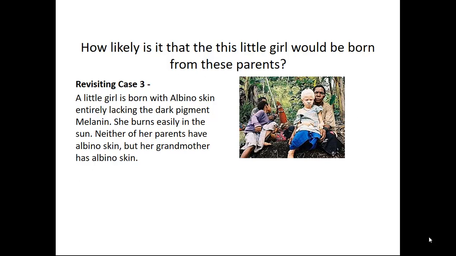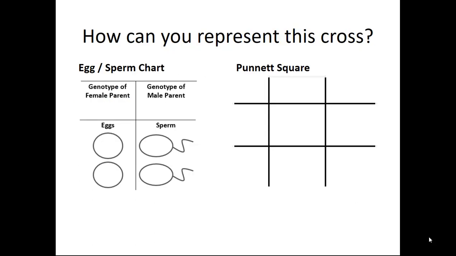How likely is it that we're going to get this little girl from these parents? Could you represent this in a cross? Again, practicing your egg and sperm chart and practicing your Punnett square to see how that goes. Go ahead and try to do that on your own to see if we can explain how likely it is that we will get our albino little girl from those parents.